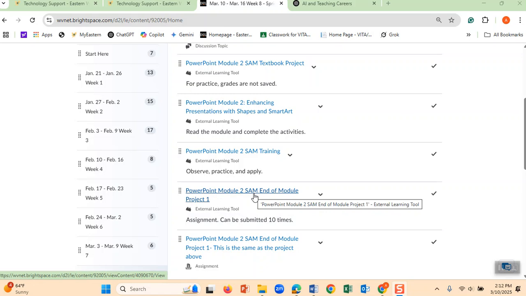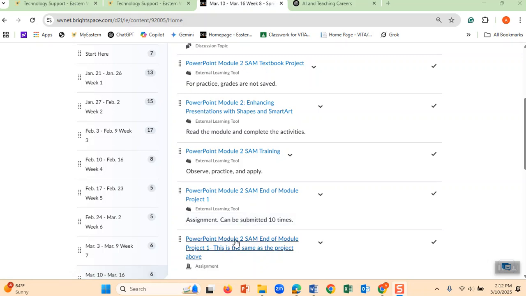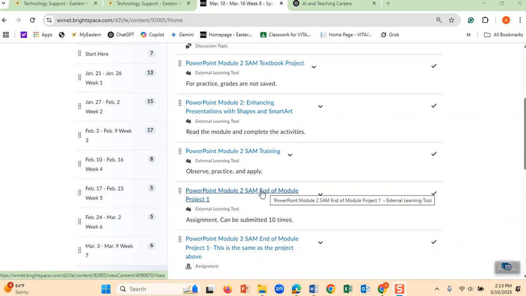This week I have one more step, which is an easy way to get 10 points. And guess what that is? This is exactly the same as this. Here, when you submit your assignment, it goes to Cengage, and Cengage automatically grades your assignment. This is the same assignment as this one.